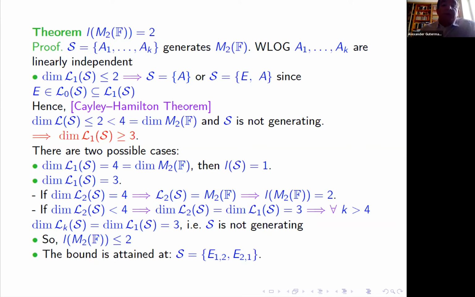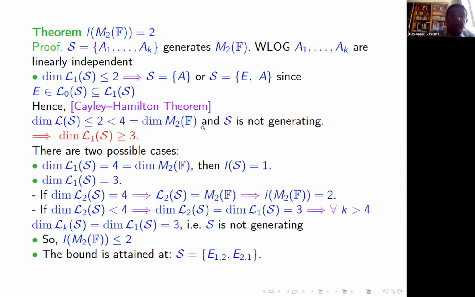Otherwise, we just remove the dependent garbage by these equalities, which will provide dependence. And then the first observation here is that the dimension of L1 should be greater or equal to 3. Certainly, this is true by a Cayley-Hamilton argument. If it is less than 2, then we simply don't have a generating set.